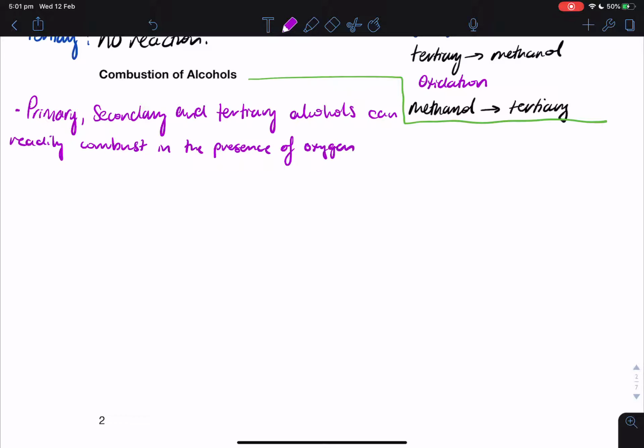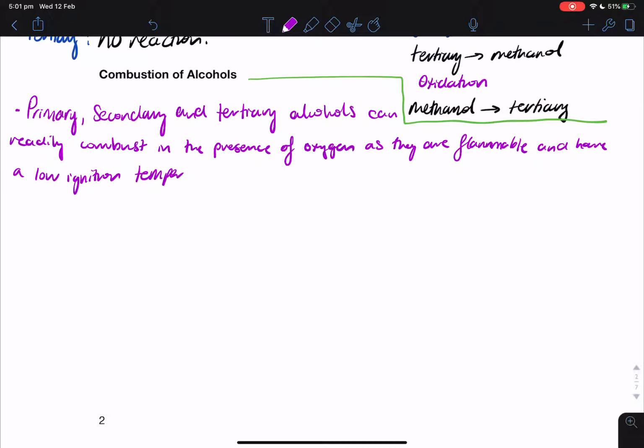I'm not going to write "to form carbon dioxide and water" because we're going to go through that later. Combust in the presence of oxygen, as they are flammable, and have a low ignition temperature.